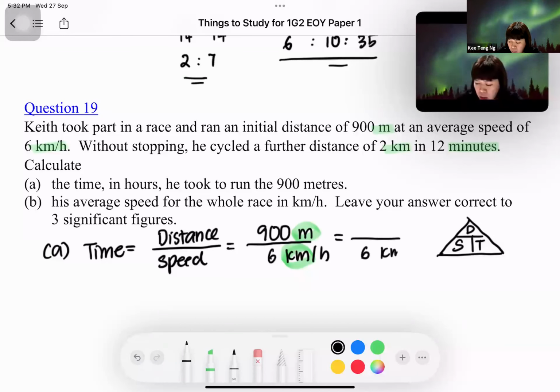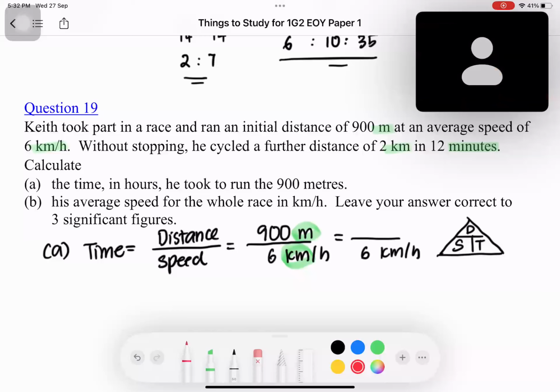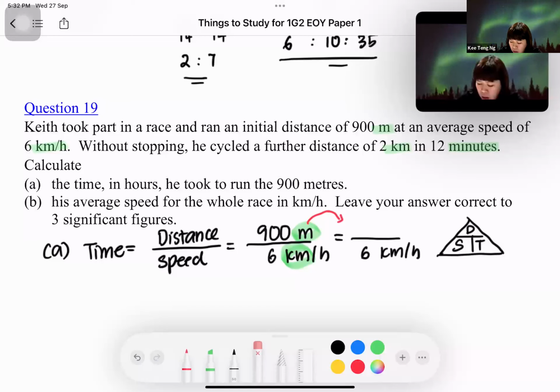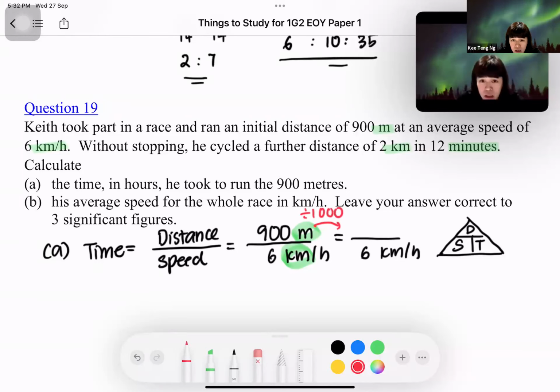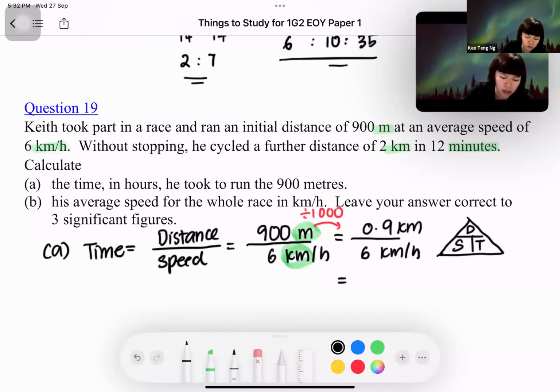Change the 900 meters to kilometers. So I change this to kilometers. What do I do? Multiply or divide? Divide by 1,000, right? 1 kilometer has 1,000 meters. So it's 0.9 kilometer. Now you all use your calculator, 0.9 over 6.